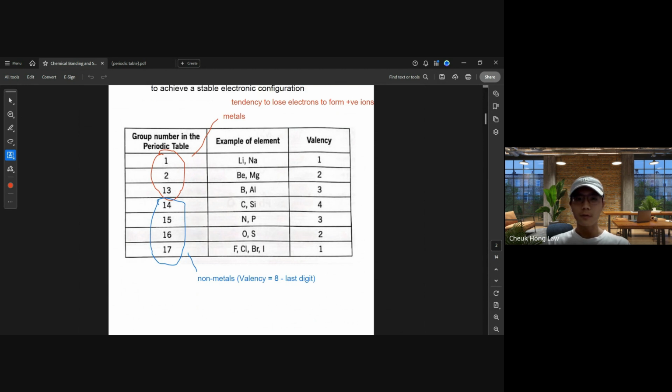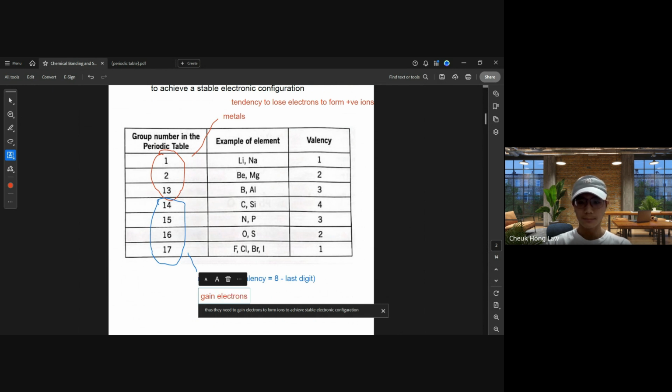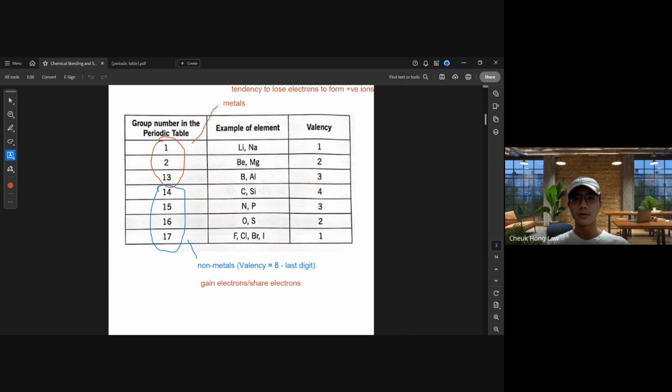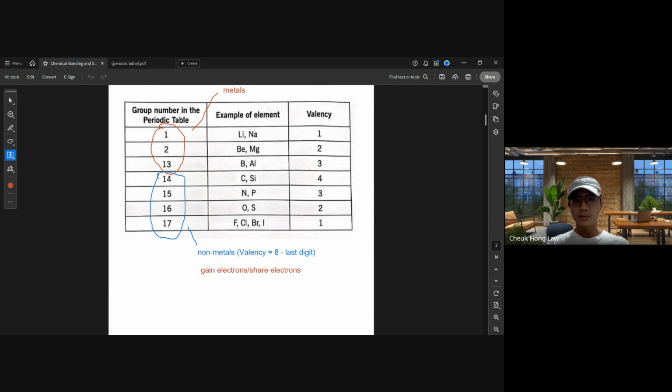For non-metals, they will either gain electrons or share electrons. Usually they don't lose electrons because they have more valence electrons, so it's easier to gain and share electrons compared to losing electrons. So group 15 will have a valency of 3 and not 5.